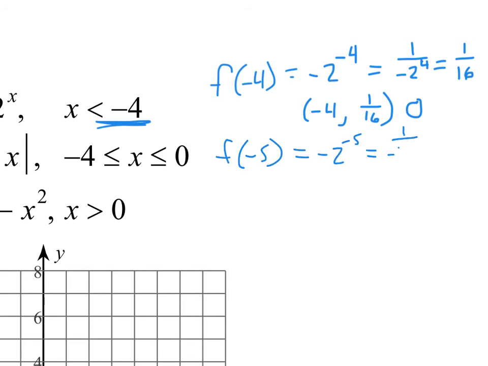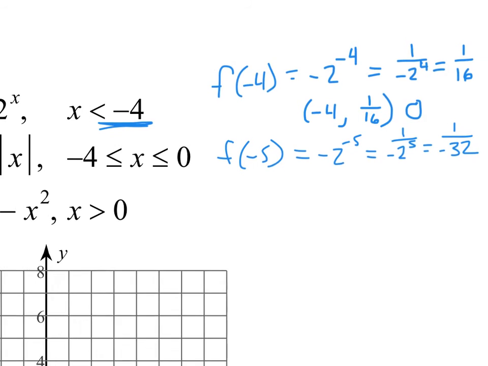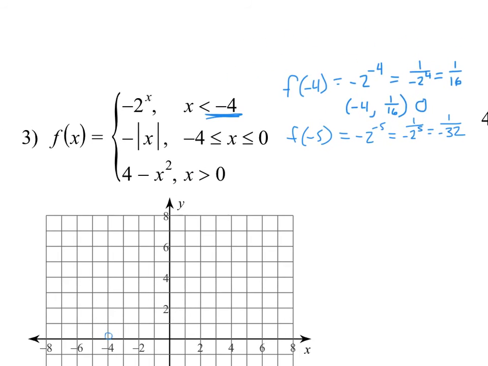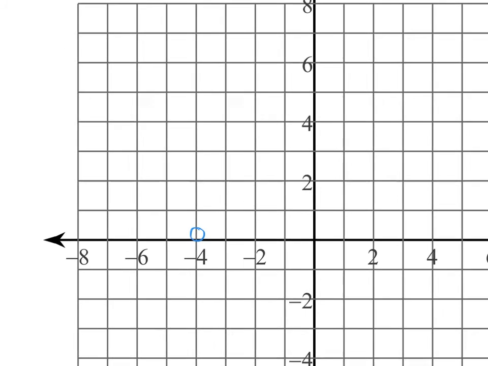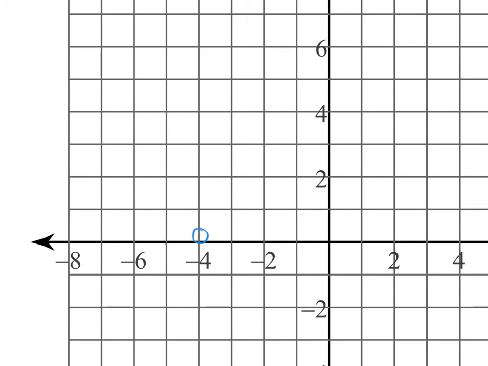So we have 1 over negative 2 to the 5th power. Negative 2 to the 5th power would be negative 32. So 1 over negative 32, that would be super, super close to this line here. So our line is just going to go like this.